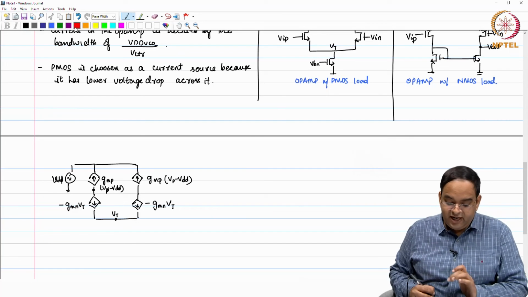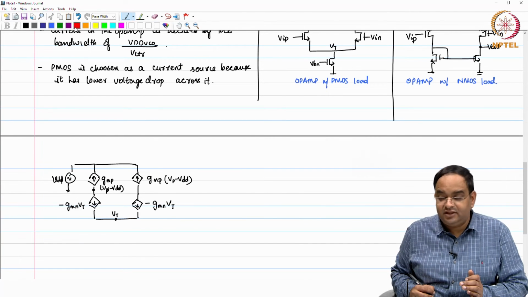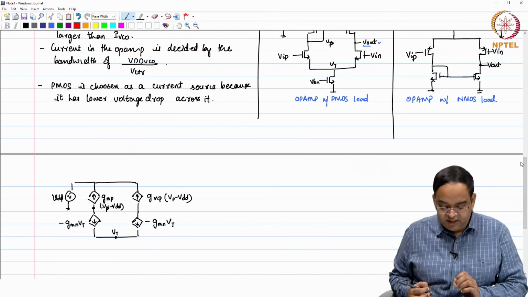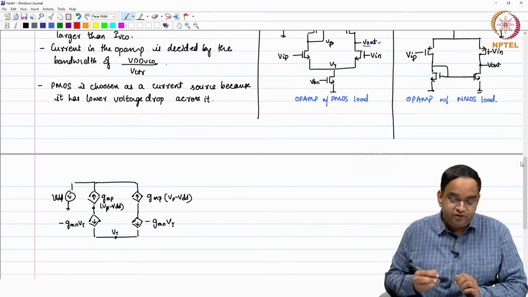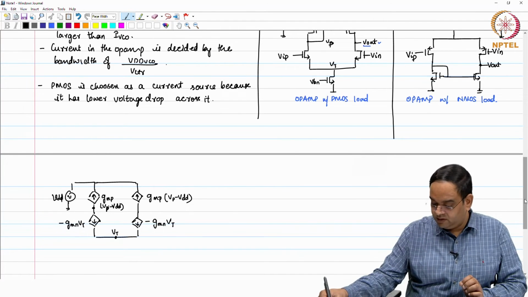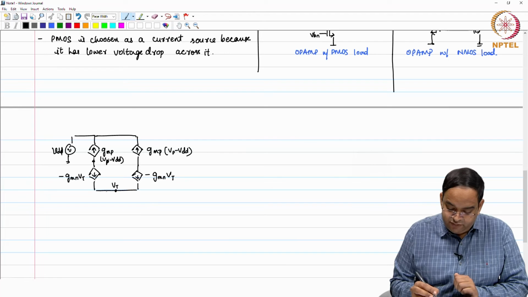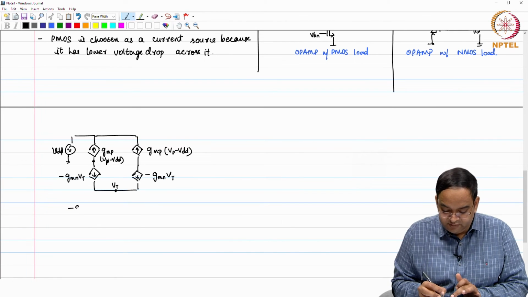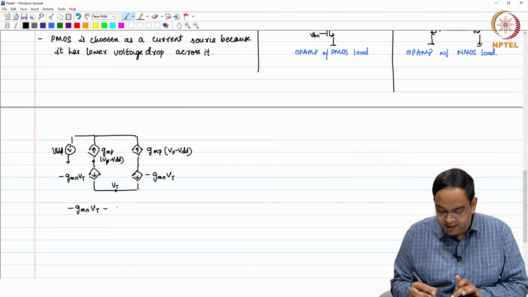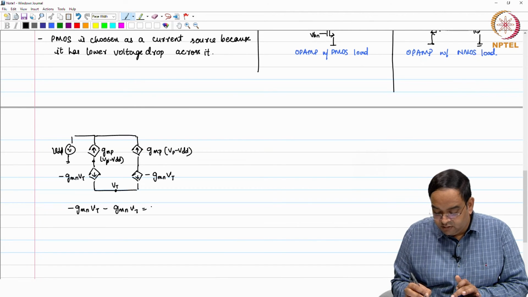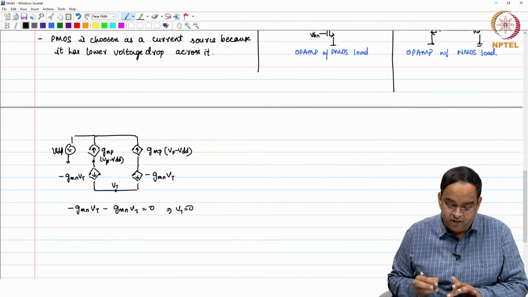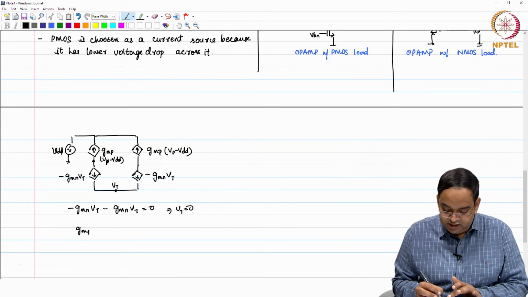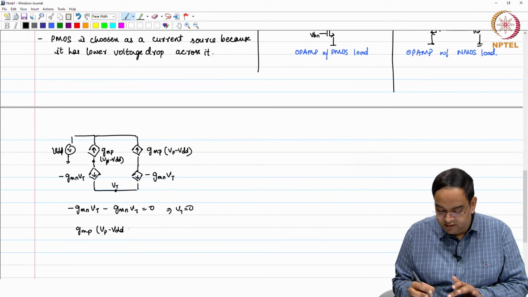Now, if you want, you can add the RDS resistors for both PMOS and NMOS transistors, and this will just become a little bit more complicated. For this simple analysis, you will see that at the Vt node, both the currents, minus GMN Vt minus GMN Vt, should be equal to 0, which implies that Vt should be equal to 0. So, there is no current coming here, which means that GMP times Vp minus VDD is equal to 0.